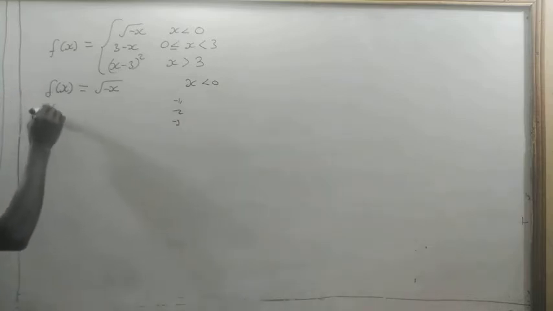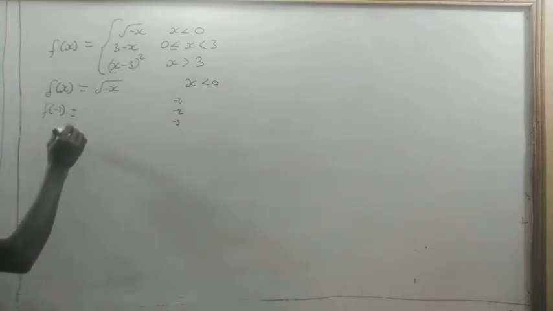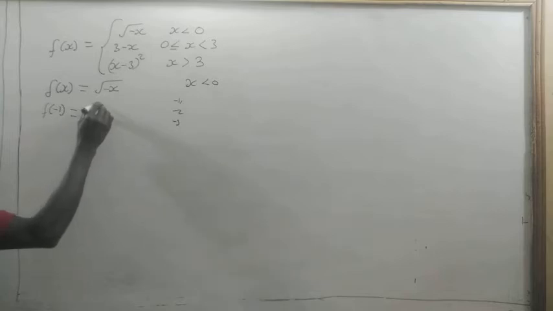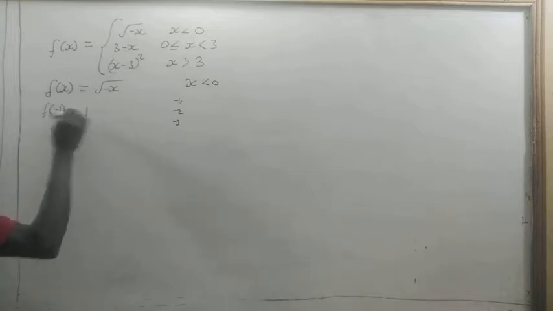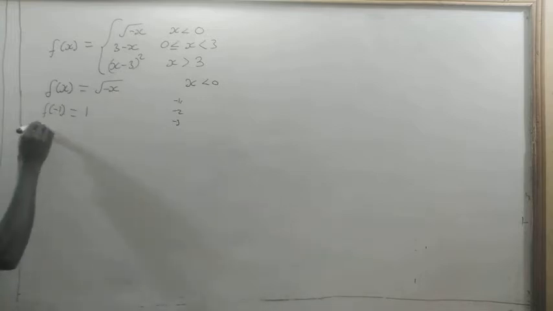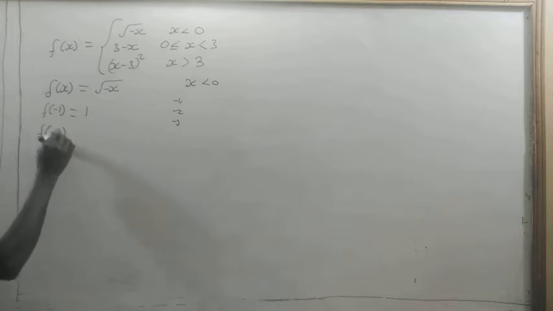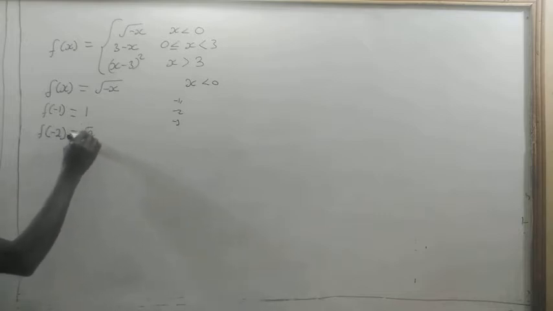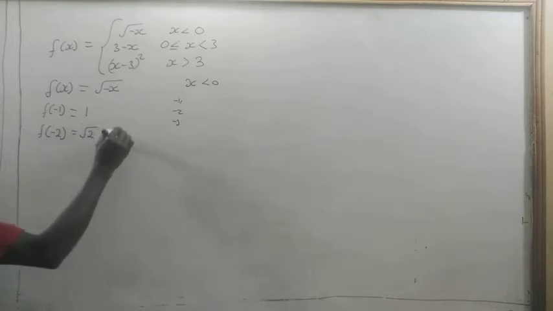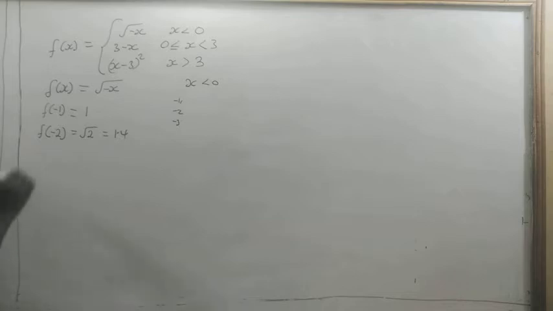Now for f of negative 1, you get the square root of 1, which is 1. For f of negative 2, you get the square root of 2, and that will give us 1.4 to two significant figures.